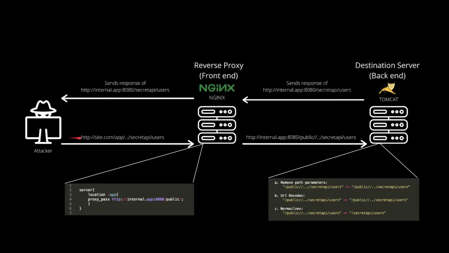When an attacker makes this request, site.com/app/.;/ and some secret API/users, what happens is Nginx is going to look at its configuration. It sees that the URL path begins with /app. So it is first going to process it: URL decode it and normalize it.